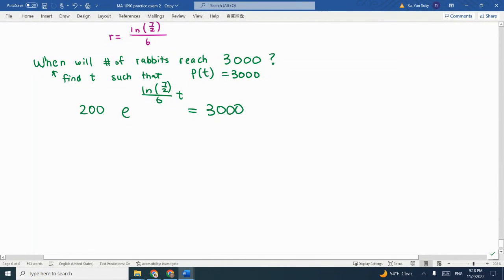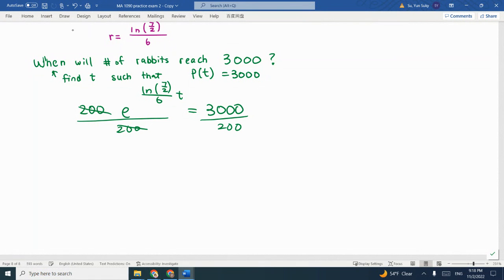So isolate the exponential term. Divide by 200 on both sides. 200 cancel, hundreds cancel, 30 over 2 is 15. So e to the ln of 7 over 2 over 6 t equals 15.